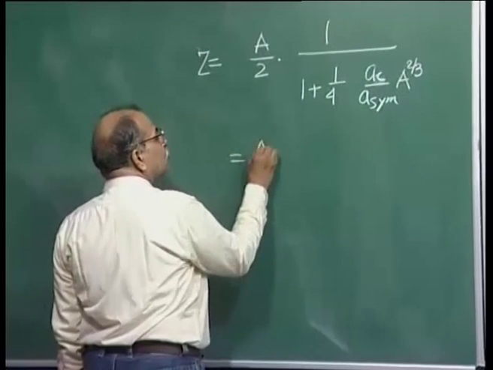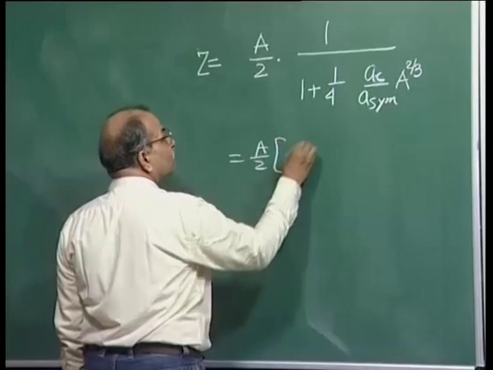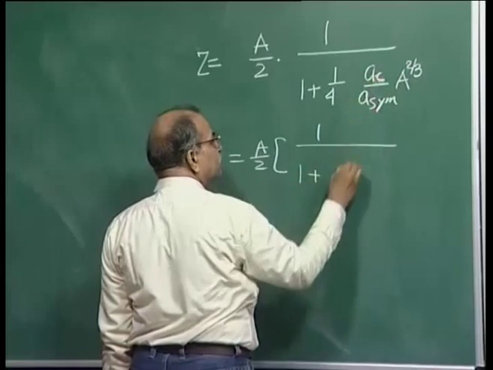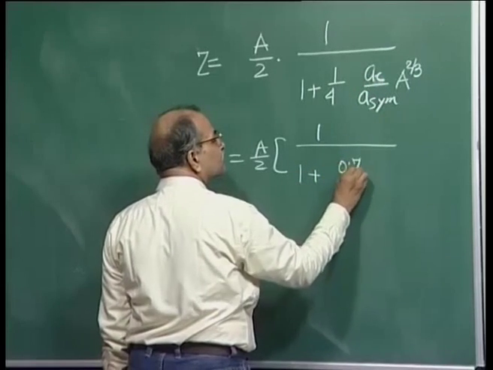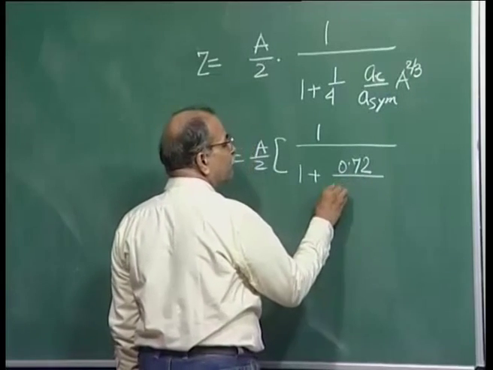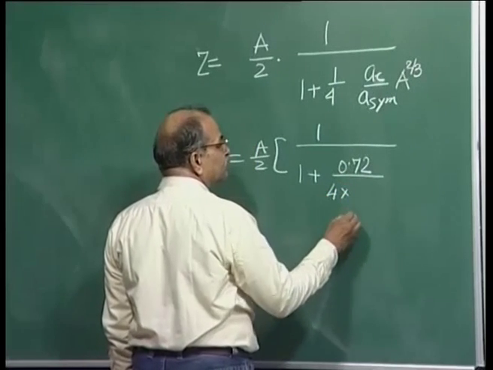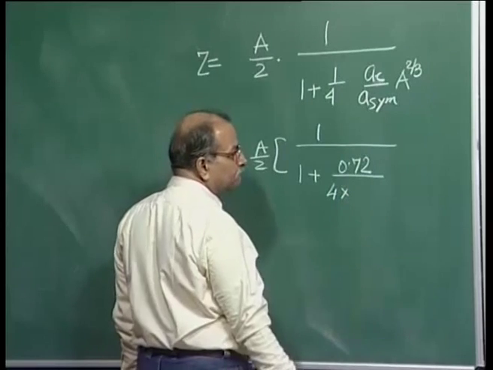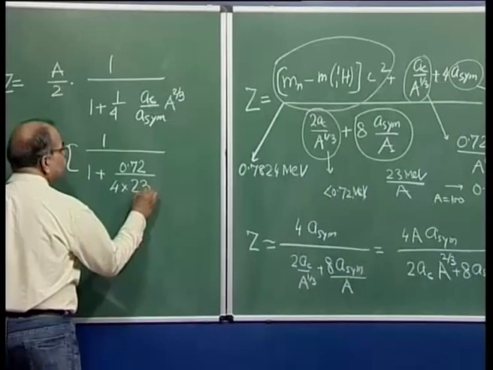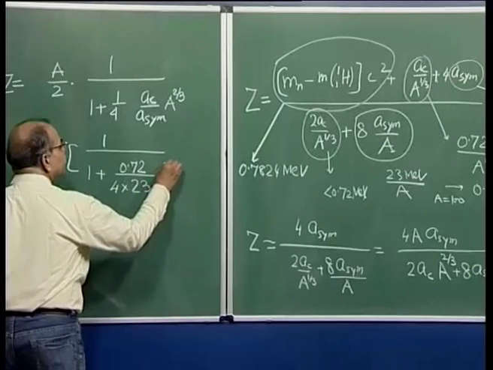So, it is A by 2, 1 by 1 plus what is AC, 0.72 MeV and divided by 4 into asymmetric. How much is asymmetric? 23. So, 23 here and then A power 2 by 3.